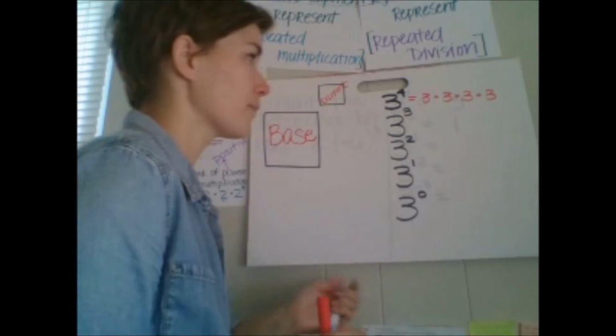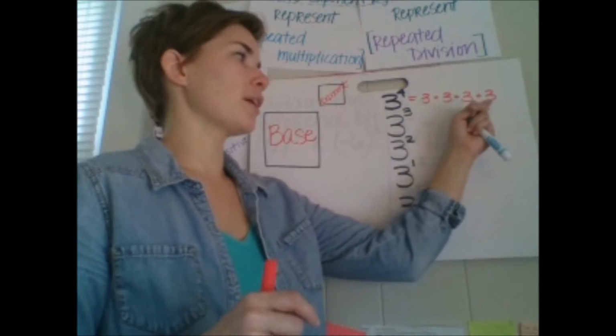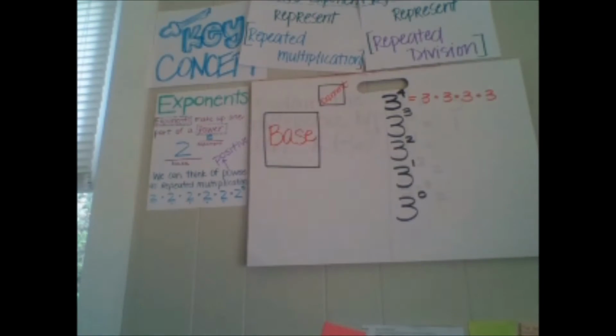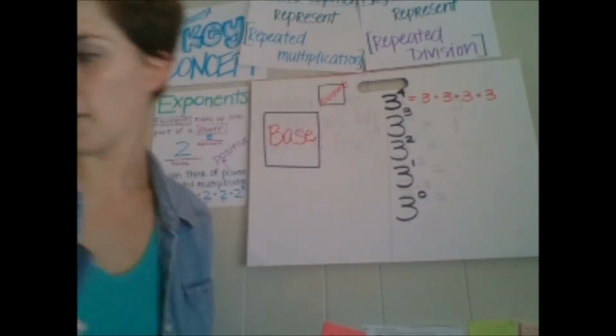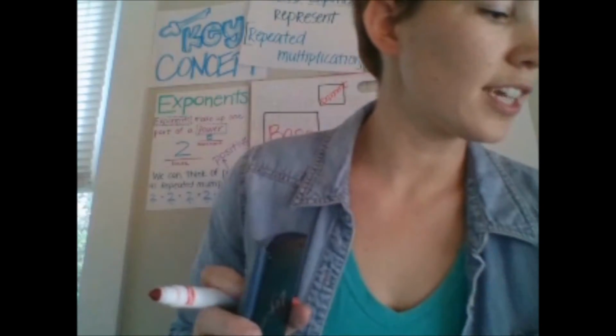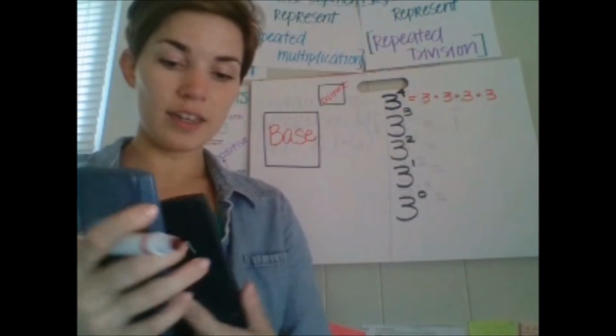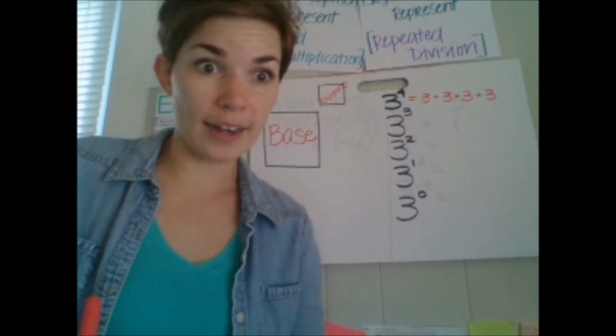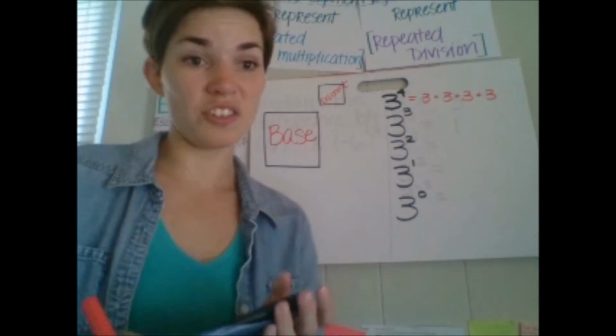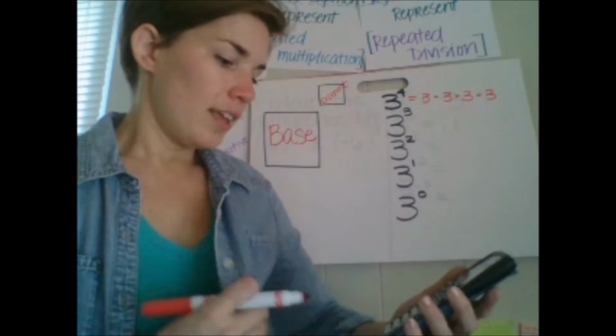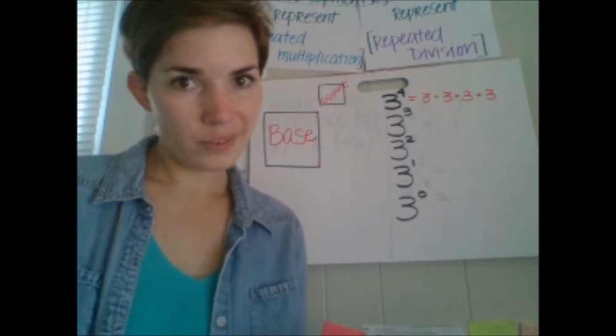Yeah? Okay. So when we've got 3 times 3 times 3 times 3, and let me grab my calculator. We can sit and do the math out. That's not bad, right? It's just threes, right? But let's use our calculator.